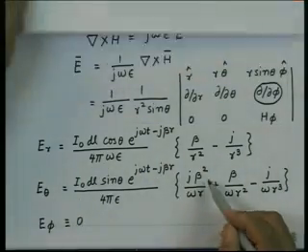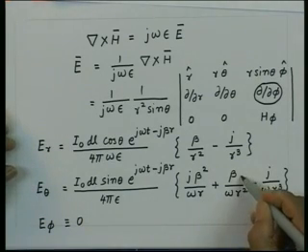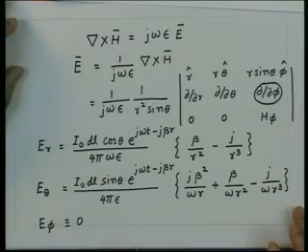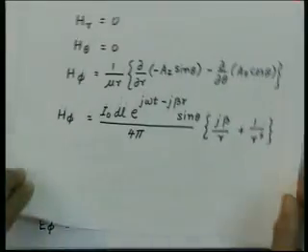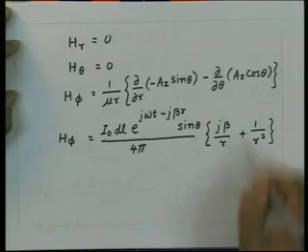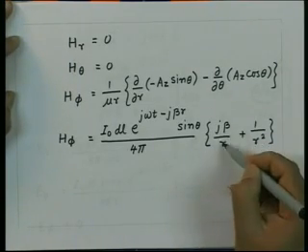One variation is 1 over r, another variation is 1 over r square, and the third variation is 1 over r cube. The same is for the magnetic field. We do not have a 1 over r cube term, but I have 1 over r square and a term which is 1 over r.